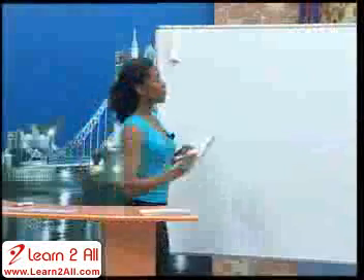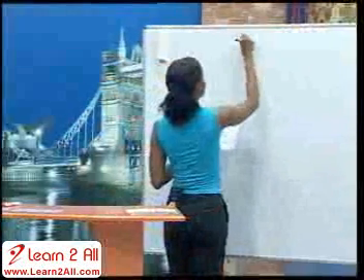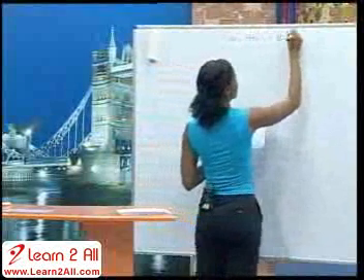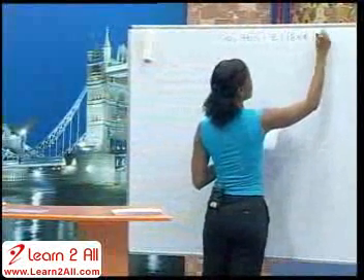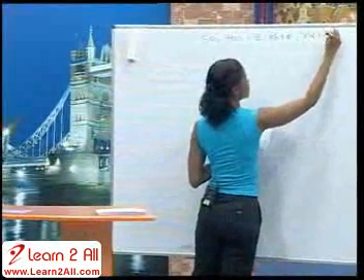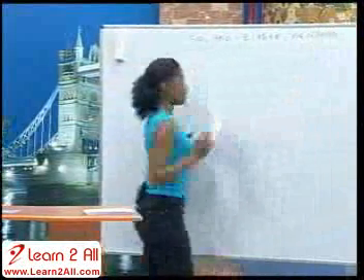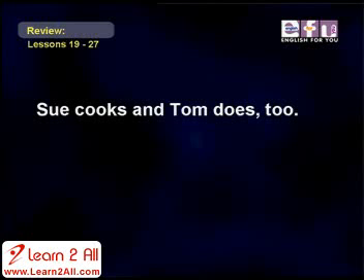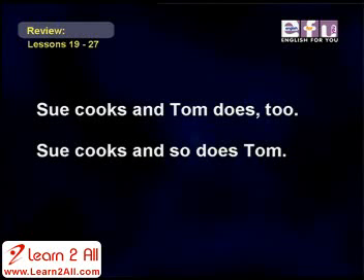Now, let's review too, so, either, and neither. First, some examples. Sue cooks and Tom does too. Sue cooks and so does Tom.